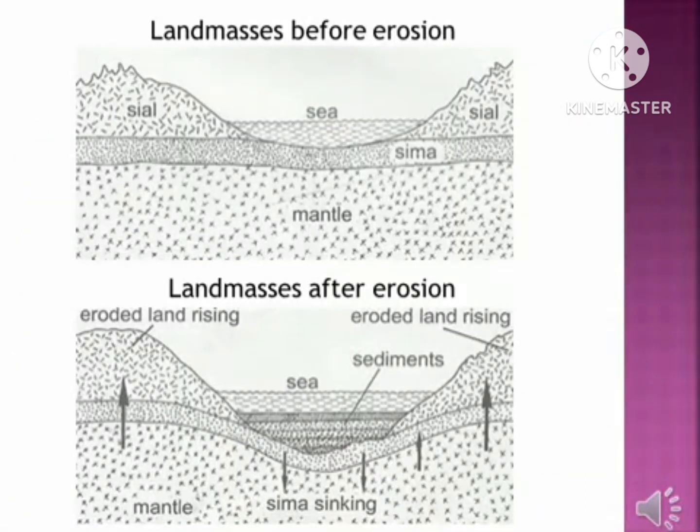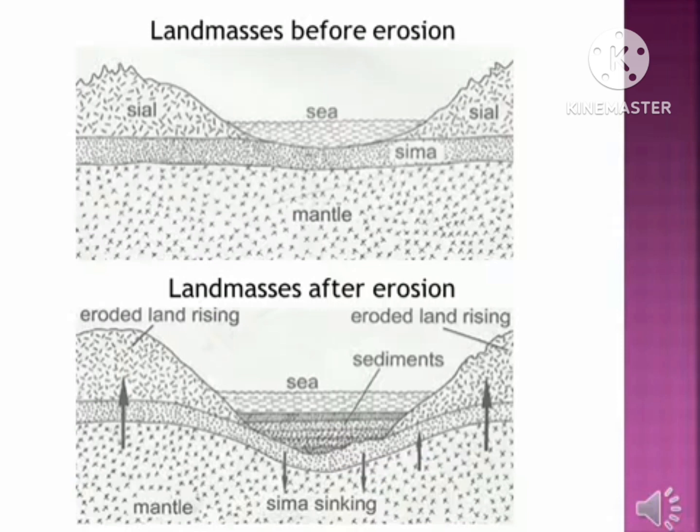Isostatic adjustment can be presented diagrammatically using these diagrams. In the first diagram, you can see the land masses before erosion. They are in a stable state. We can say that they are in an equilibrium.